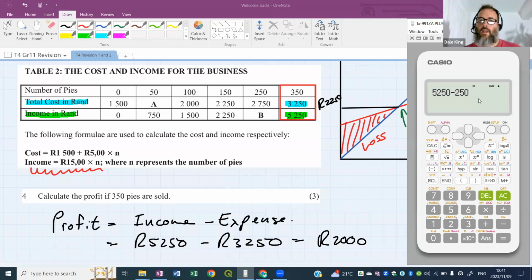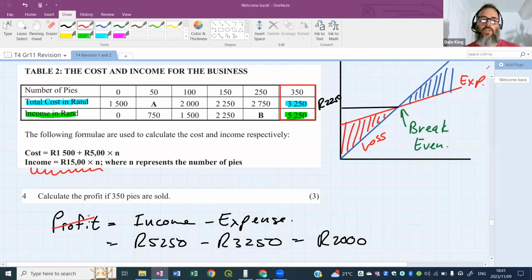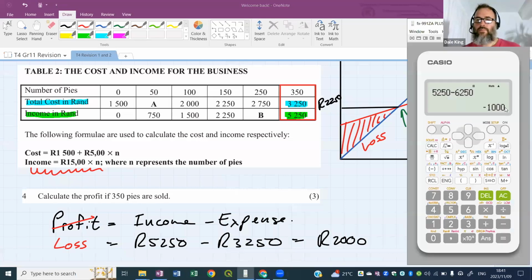Let's make that 6250. You take your income, 5250, minus your expenses, 6250, and press equals, and you get a little negative sign in front. That means it's not profit. This calculation is actually working out the loss.